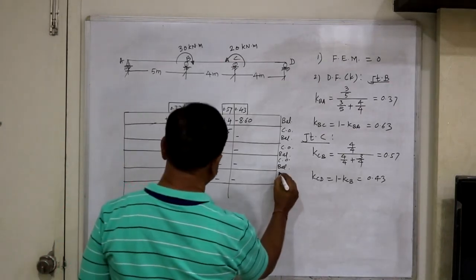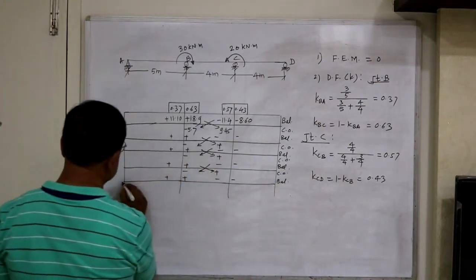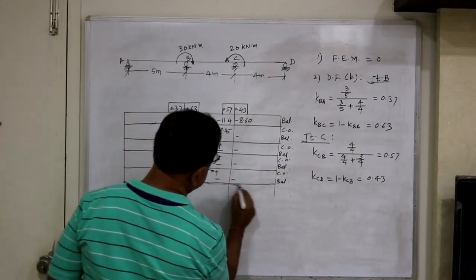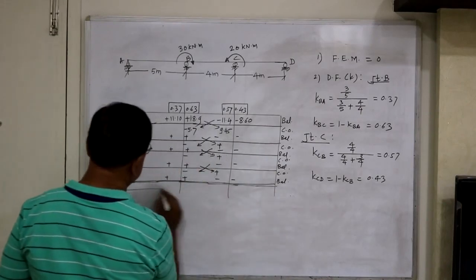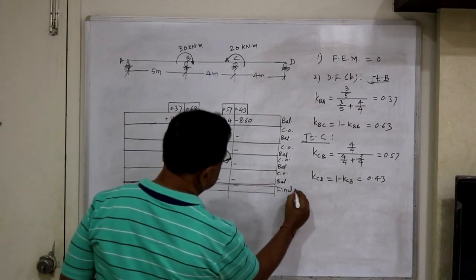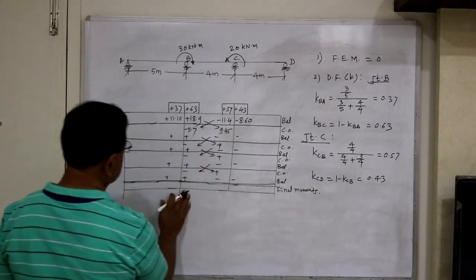So this is carry over, this is balance, and at a particular stage when the unbalanced moment becomes very, very small, negligible, that is 0.0 something, then you write down the final moments.